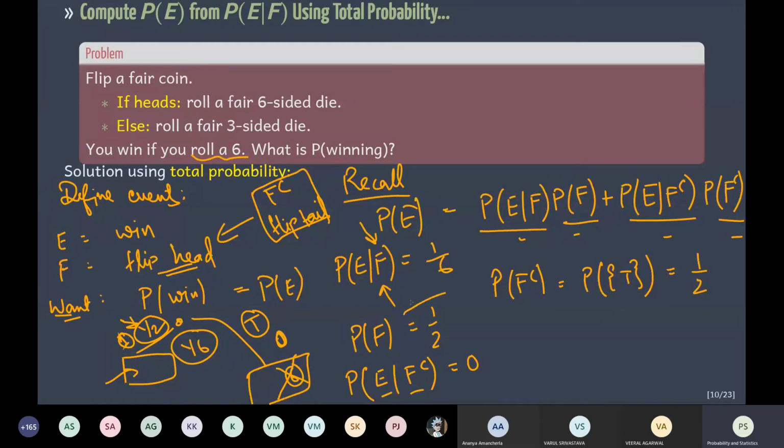The probability of the complement is 1 minus probability of F, so again it will be 1 minus half, which is still half. So we have all the things that we need, and if you compute now probability of E, it will come out to be 1/12, which is 0.083 in numerics. So this is how total probability can be applied.